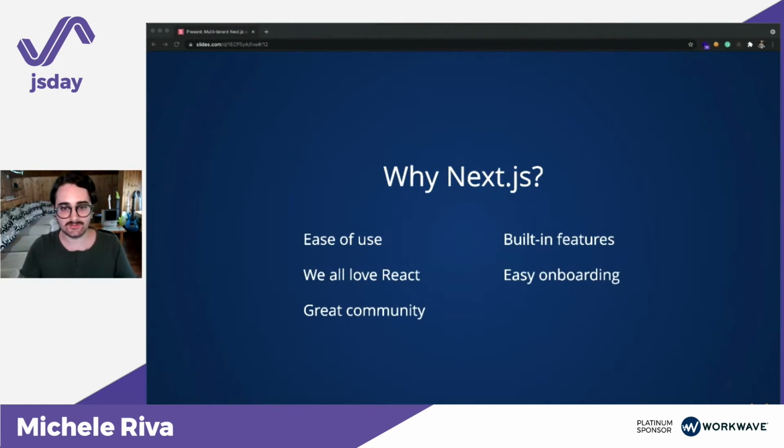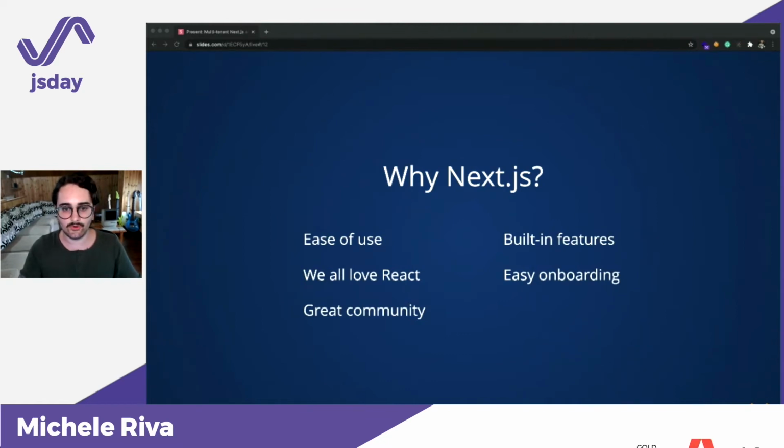React is really easy to use, it's widely used, and has a great community, which is my next point. Next.js has a solid community, and we should take this into consideration when choosing the right framework for our front-end and back-end applications.